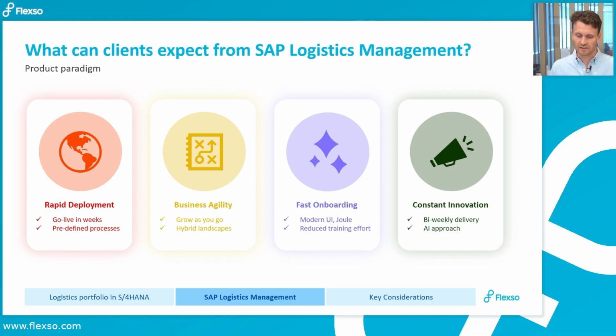The business agility is a grow as you go strategy, which means that you can set up one warehouse, grow with that warehouse, add functionalities, add TM solutions. So it's a solution that combines warehousing, transportation, business network, but you're not obliged to use all of them at once. Fast onboarding, the user friendliness that SAP is focusing on, reaches new heights.